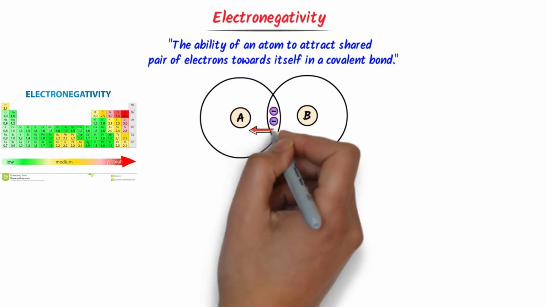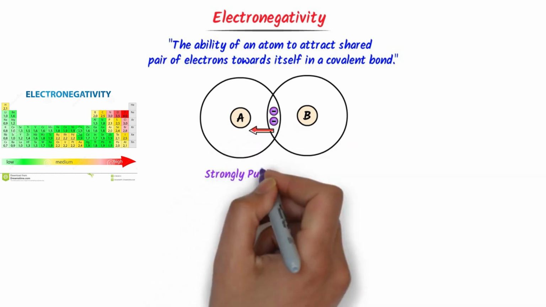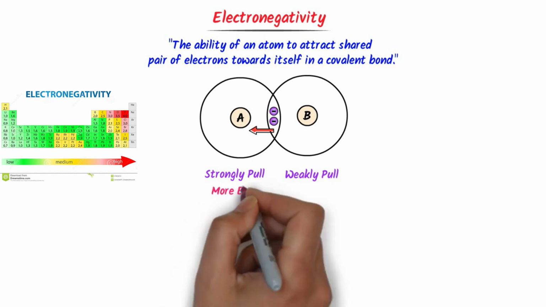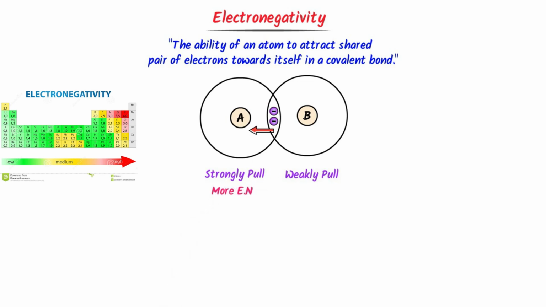Let A atom pull this pair of electrons more towards itself, while B atom pulls the shared pair of electrons less towards itself. So we say that A atom is more electronegative because it strongly pulls the shared pair of electrons, while B atom is less electronegative because it weakly pulls the shared pair of electrons.